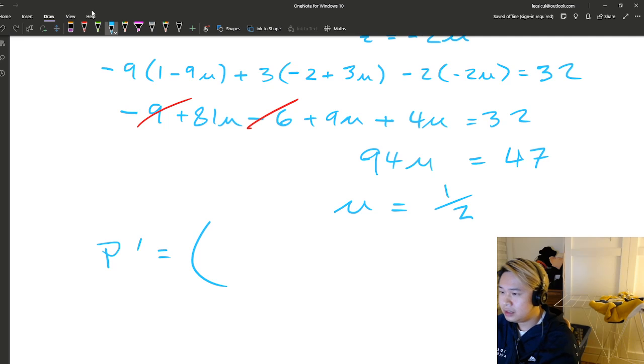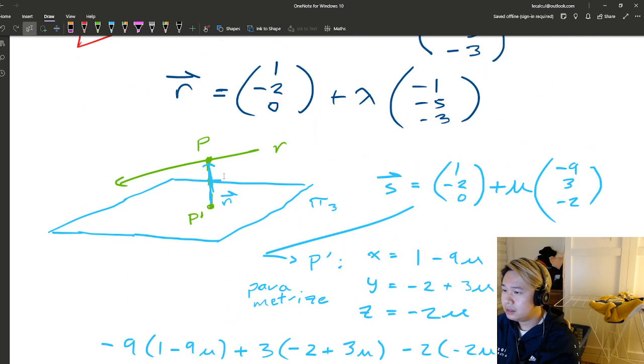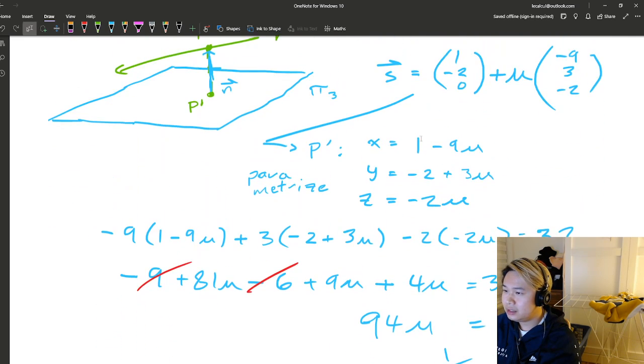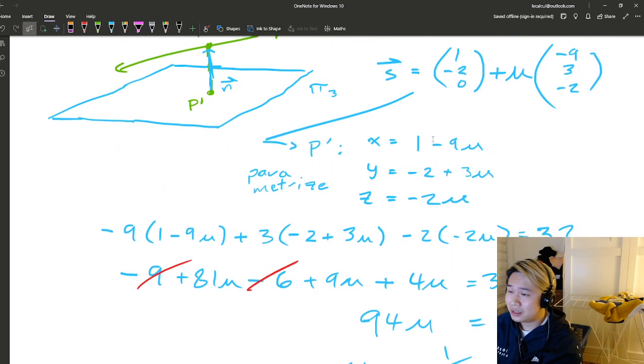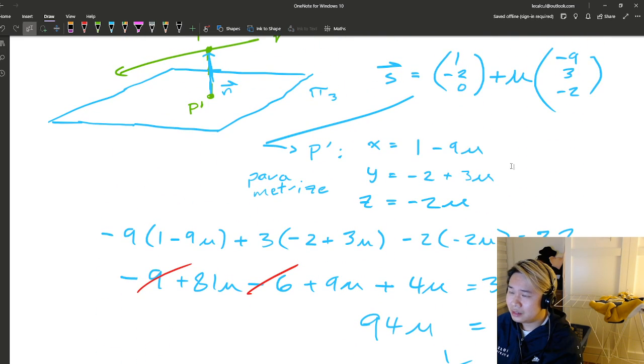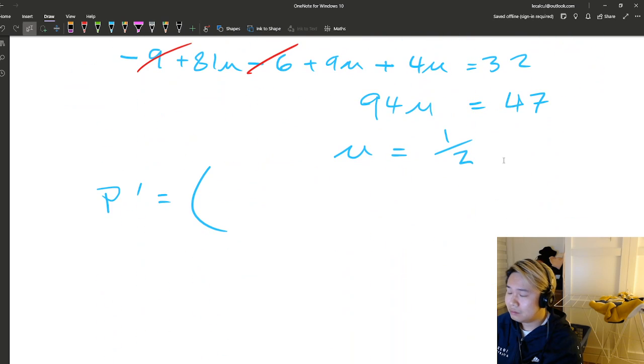So that means that P prime is going to be the position vector 1 minus half of 9. Oh boy, okay, so this is -7/2.